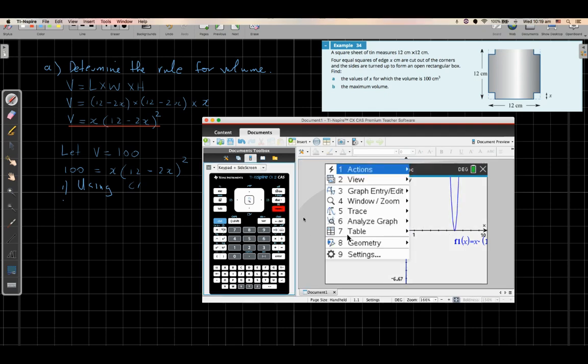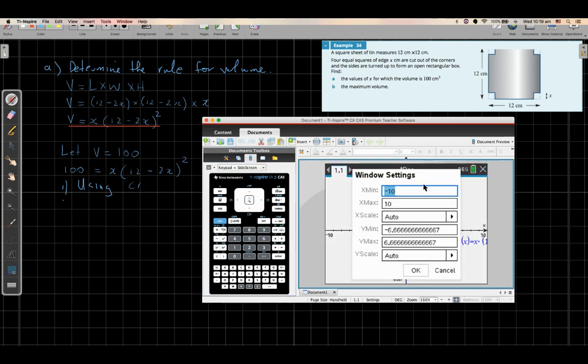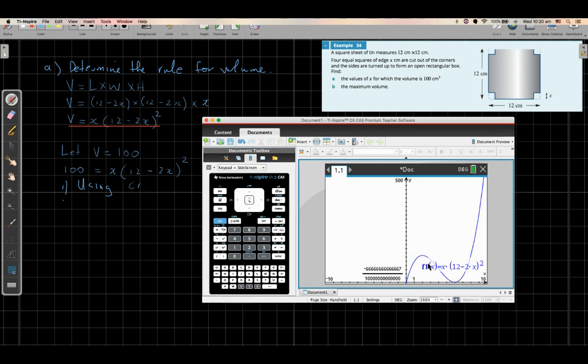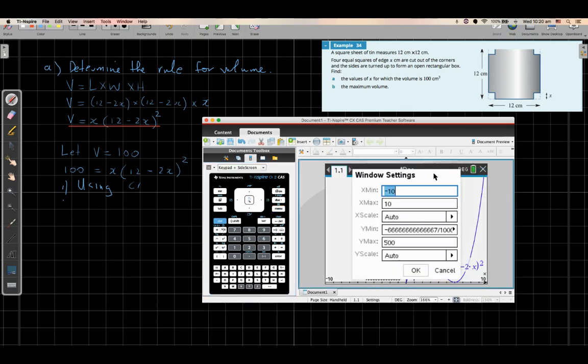So if we go menu, window zoom, window settings, we want to make that y max much, much higher. Let's try 500. You might have to have a couple of goes at this to get it right. Try 500. There you go, you can see it. So I might try 300. Menu, window zoom, window settings. Let's try 300.